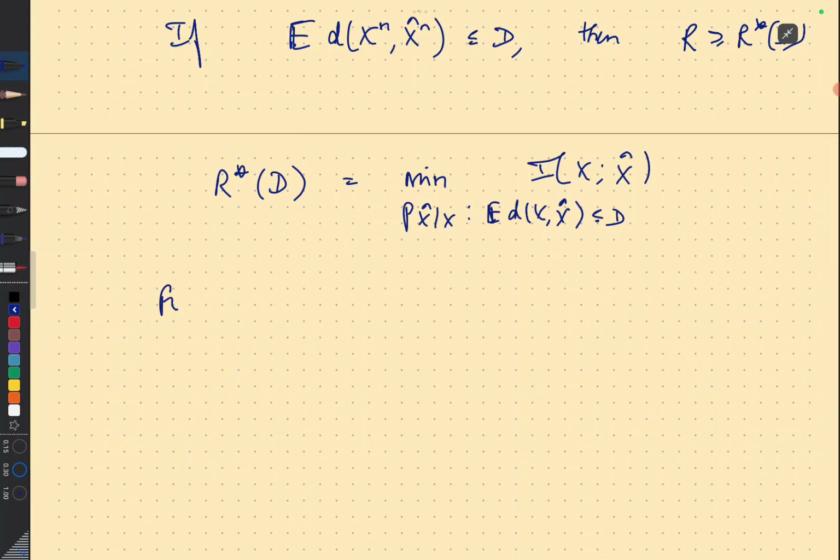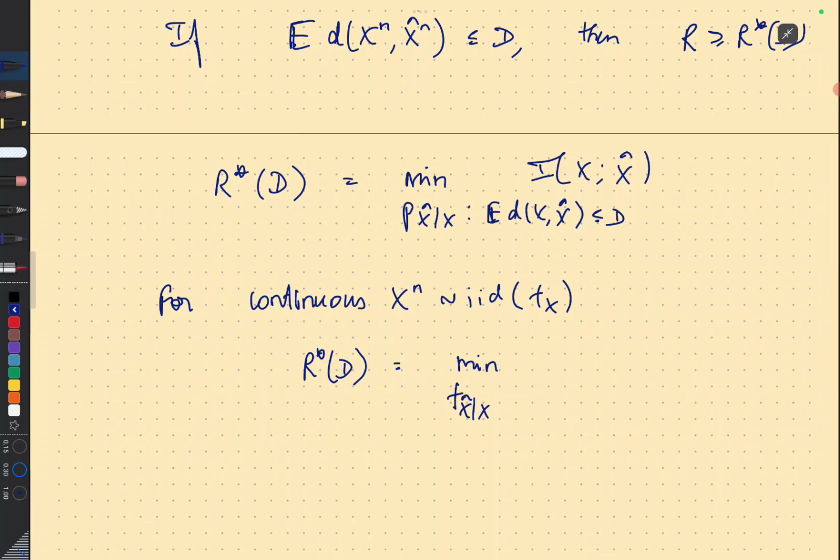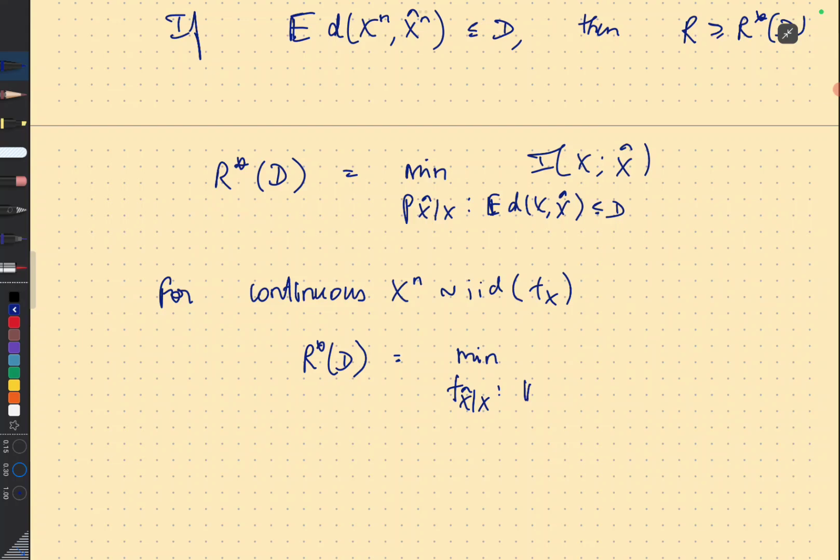So for a continuous source X^n, which we'll assume to be memoryless with a density f_X, R star of D, so right now we are assuming that X and X hat are both real random variables, happens to be the minimum over all f of X hat given X, a conditional density for which the expectation of d(X, X hat) is less than or equal to capital D, of the mutual information between X and X hat.